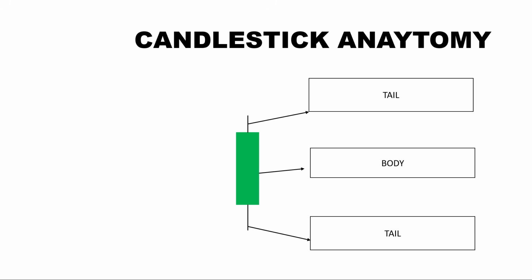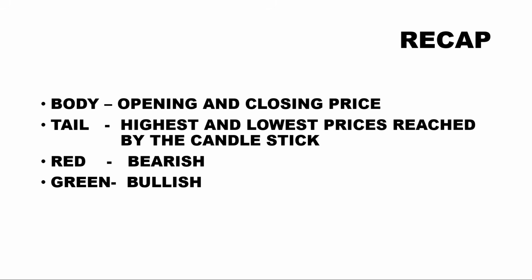So, just a recap on candlesticks. We said a candlestick has three things: a lower tail, an upper tail, and a body. If the body is red, it means the candlestick is bearish. If the body is green, it means the candlestick is bullish. If you haven't watched that, please go and watch the first tutorial that we put out on candlesticks.